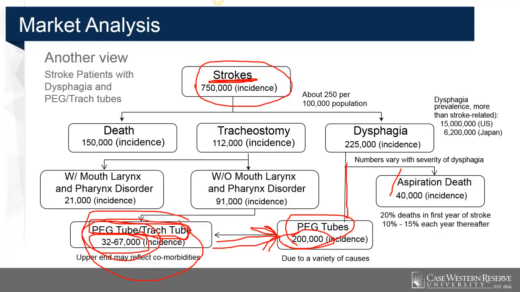A person with a PEG tube and a trach tube is also a less risky person in some ways because there's so much attention being paid to their health care. So we would want to work out all the issues at this level, knowing that once we get up to the level of a PEG tube patient, we would want to have a robust system, and that robust system has been addressed by looking at our initially very small market of PEG tube, trach tube patients of all of those that have had strokes.